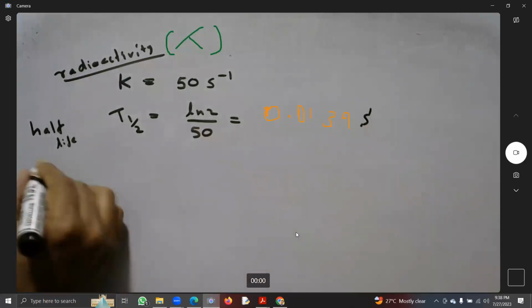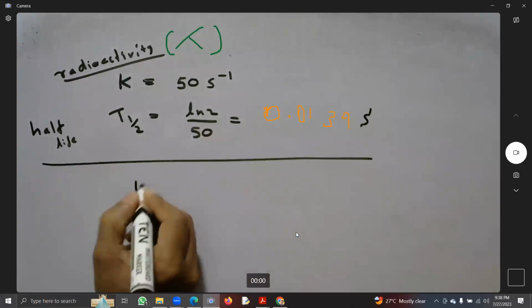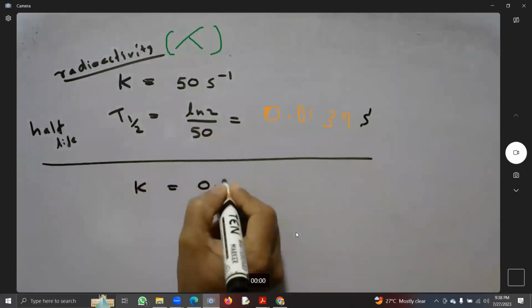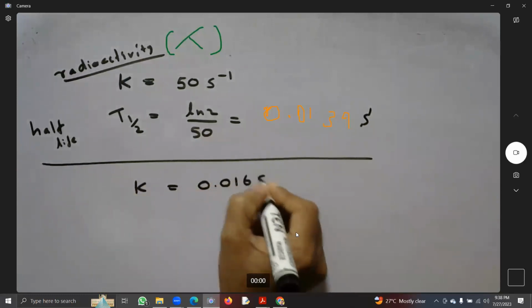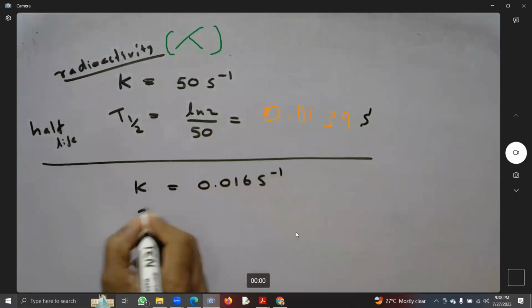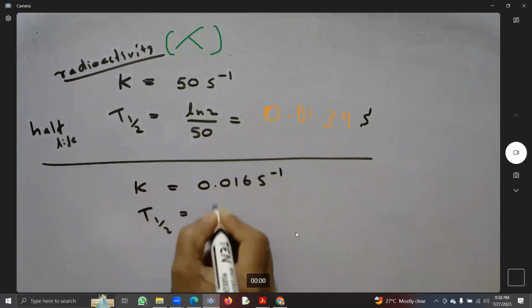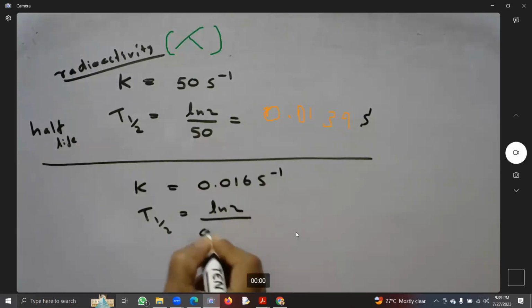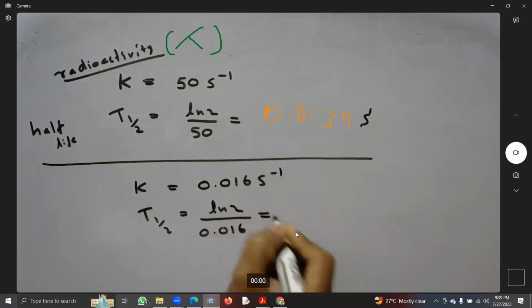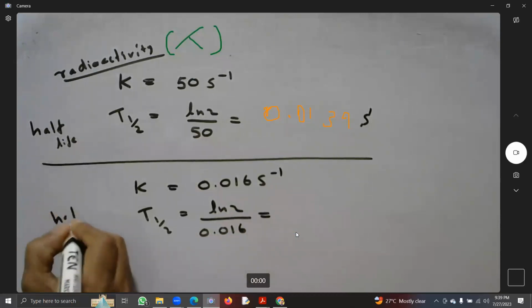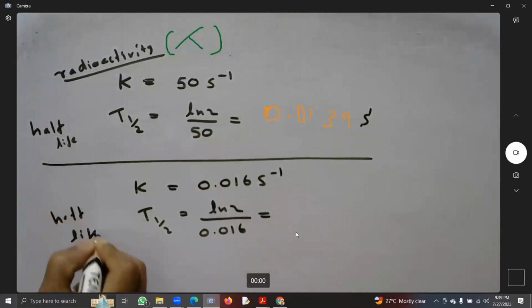We'll try to find another one. I'm giving K as 0.016 per second. You have to find the half-life. It will be Ln2 divided by 0.016. How much is that? So now the chapter does not matter.